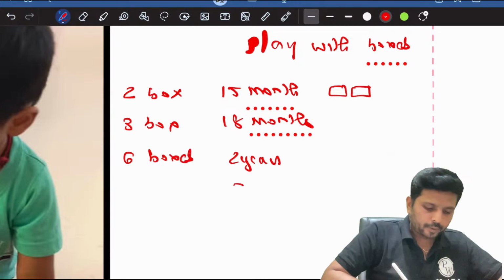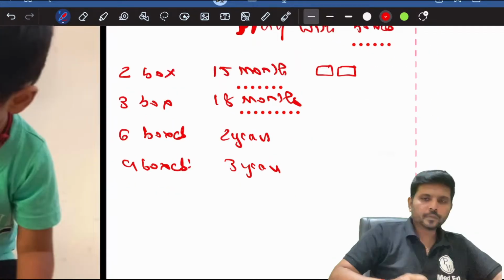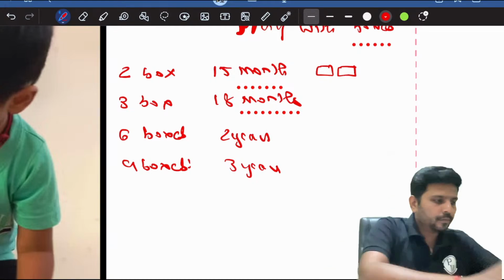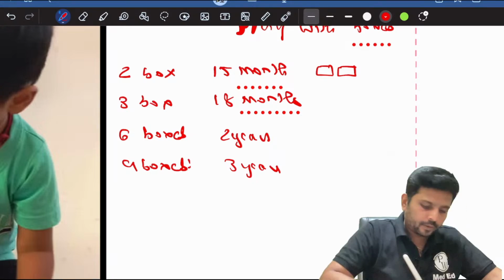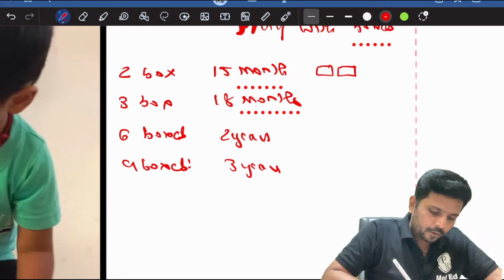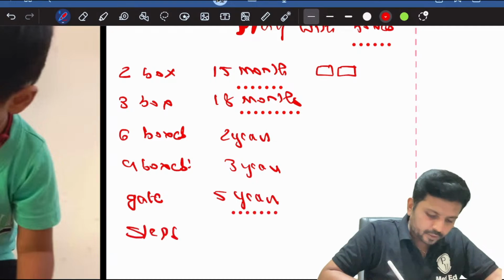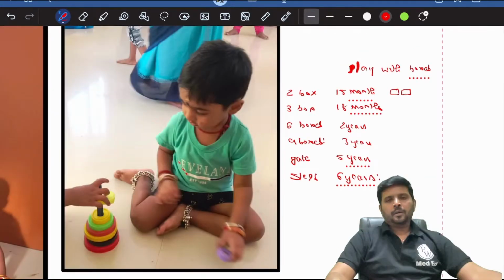By about 3 years, nine boxes. These are all the things they used to play with. By about 3 years, they can build a gate, by about 5 years, steps by about 6 years.